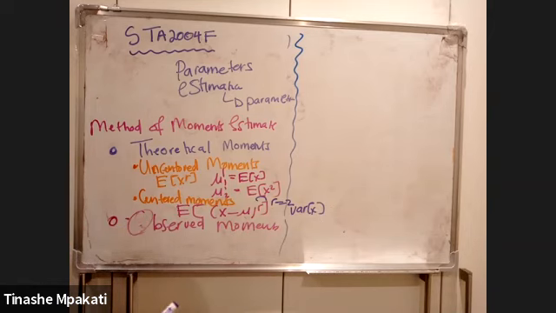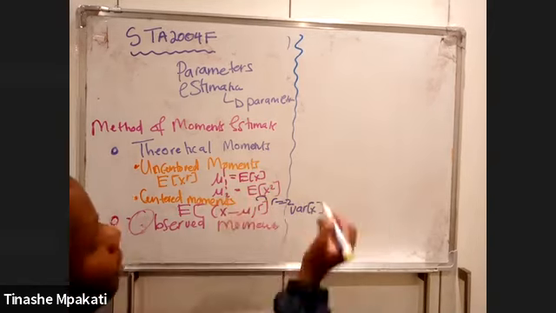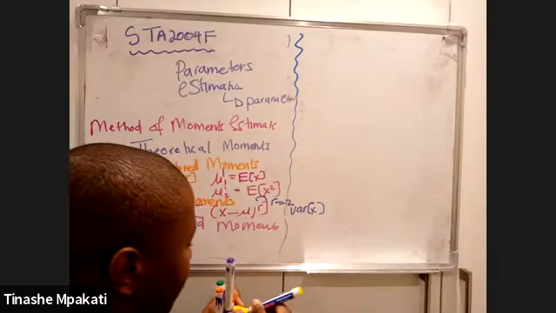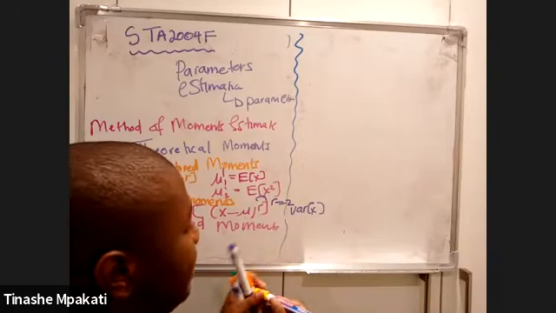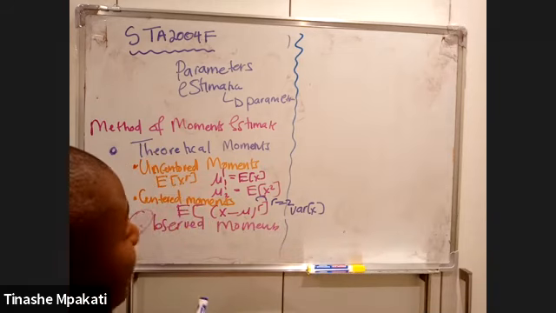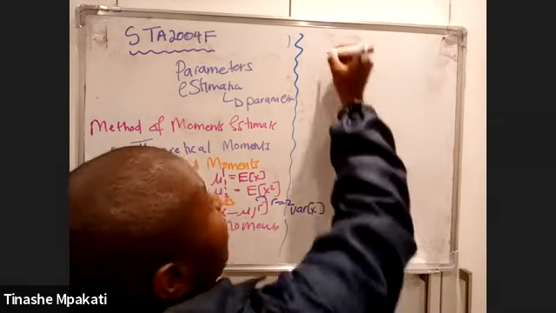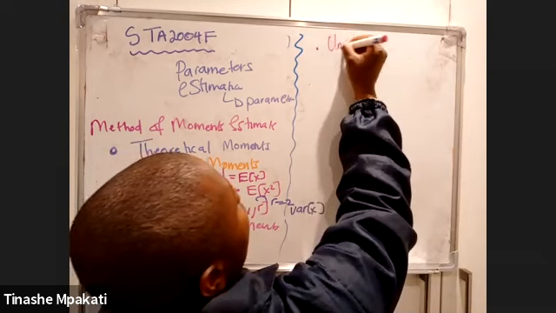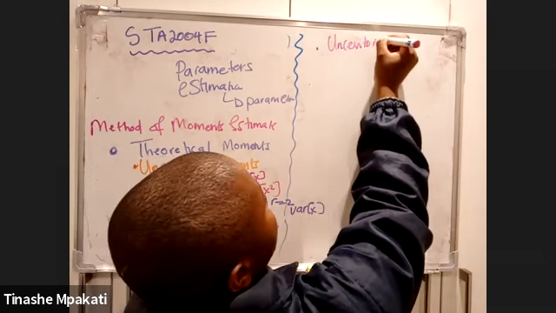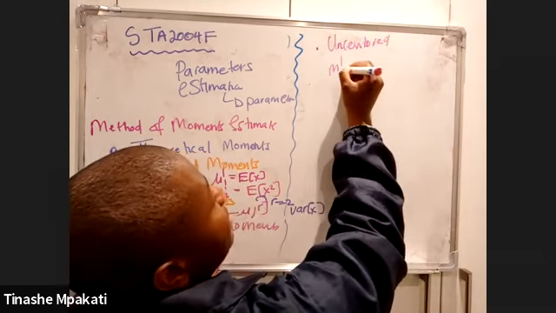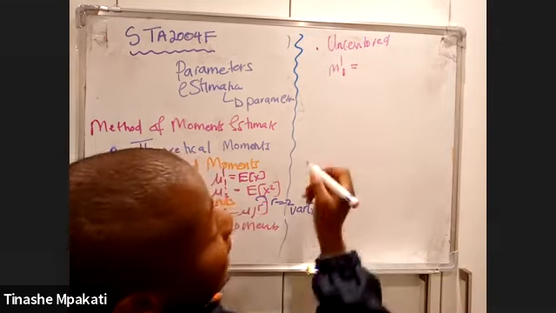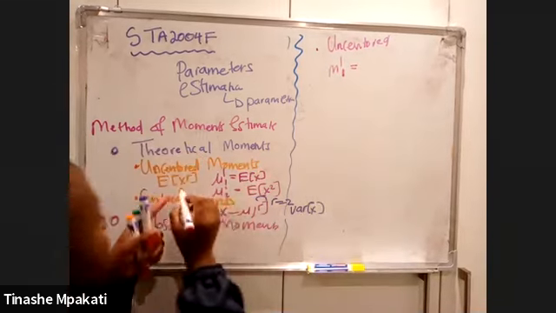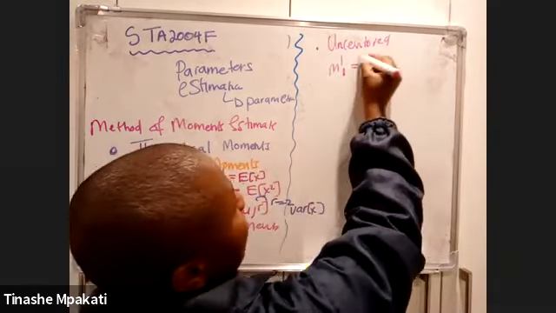When we get to the observed moments, we also have the same thing. I'm going to transfer this to this side of the board so that you can at least see what I'm writing. So when we get to the observed moments, we also start with our unstandard moments, right? The first unstandard moment here will simply be the expectation of X, but instead of writing it the way we did here, this will just be X bar, right?